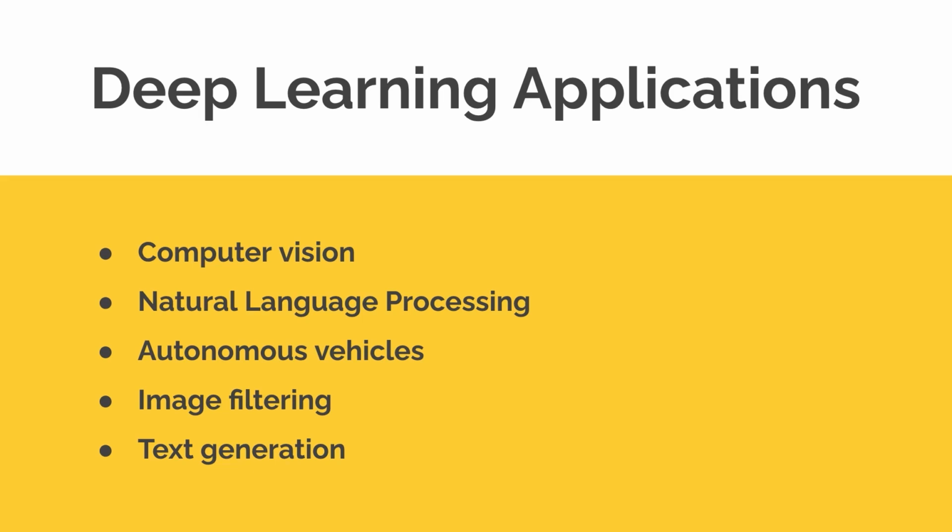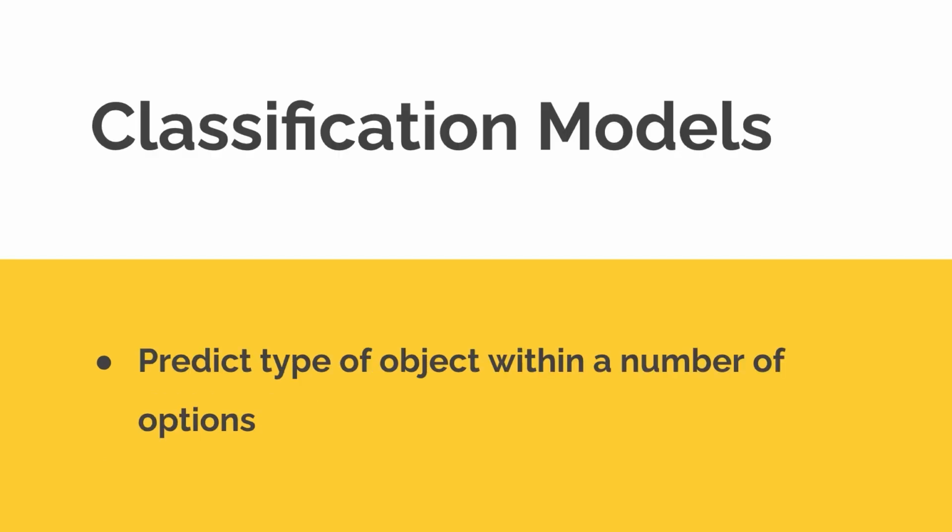So this is anything dealing with understanding speech and text. So you can train a machine learning algorithm to read, or even to write, or to translate, etc. As well, deep learning is used for self-driving cars and making filters for images and creating text.